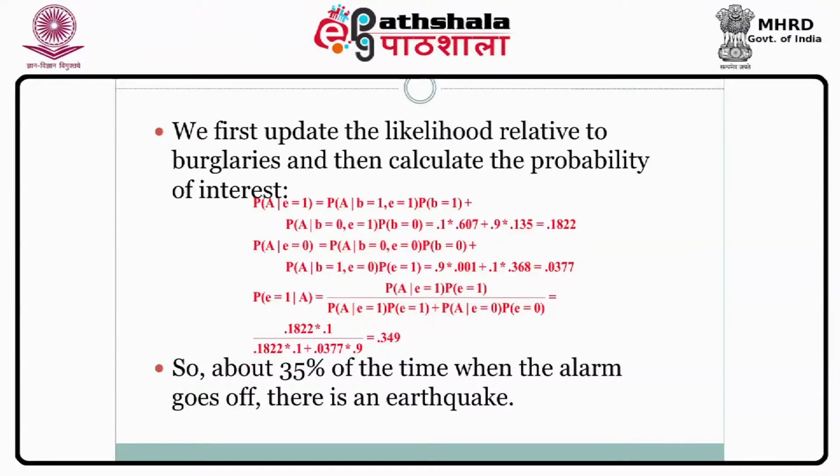Now, one other thing you might note, in the previous diagram and also in this diagram, is that we are assuming a prior about the earthquake occurring. What is the chance of an earthquake occurring? This prior assumption is not an artificial assumption.